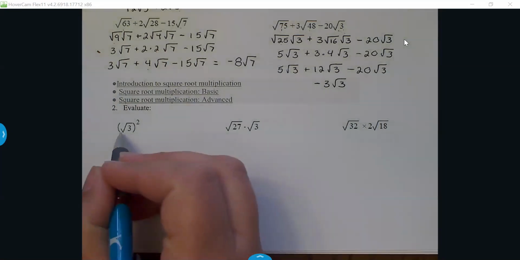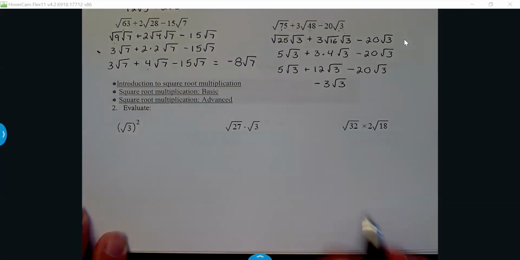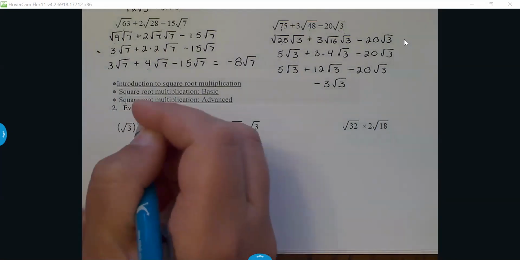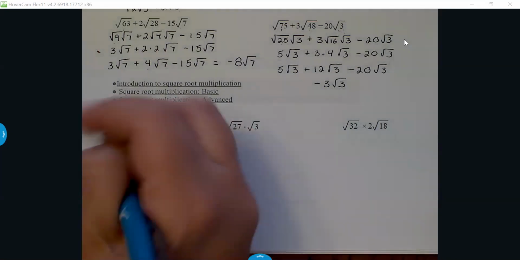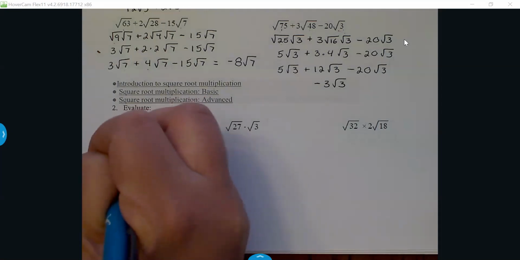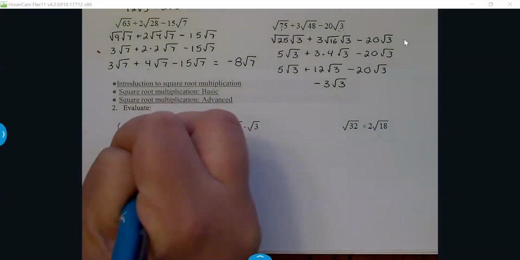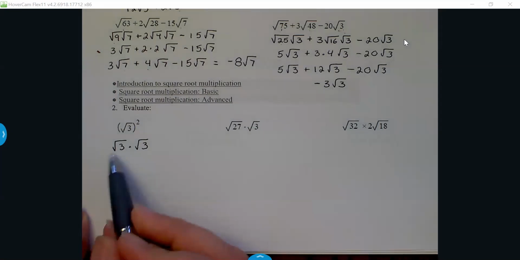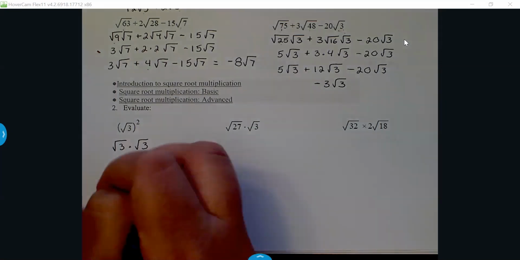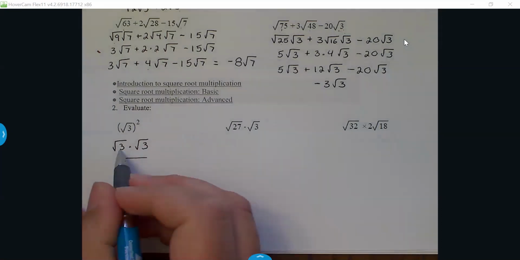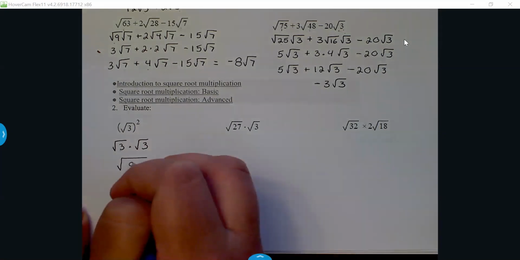So we have the square root of 3 squared. So anytime we square something, we're multiplying it by itself. So this becomes the square root of 3 times the square root of 3. Okay, so if we have 2 square roots being multiplied, I can keep 1 square root and make it 3 times 3, which is 9.